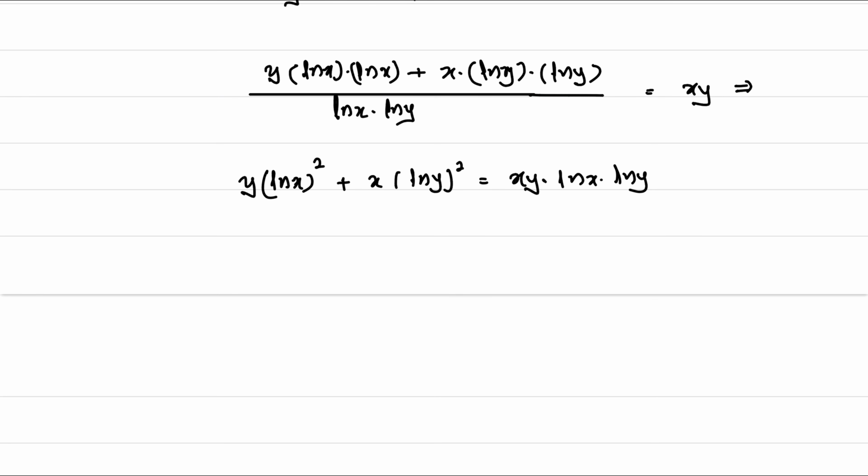This is a symmetrical equation. You see, symmetry is there. Then, if x is replaced with y or y is replaced with x, this equation is not going to change.